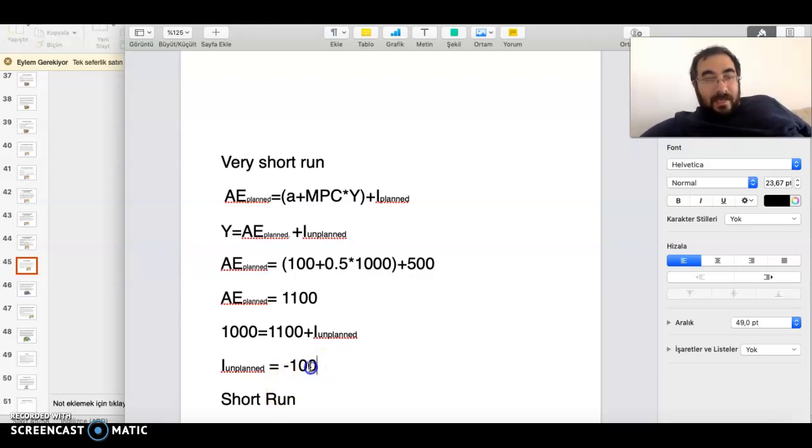So there is an inventory investment level that will be 100 units less than it was planned. And note that inventory investment level itself could be negative or positive, depending on planned inventory investment level, which we don't know. Anyway, see you in the next part.